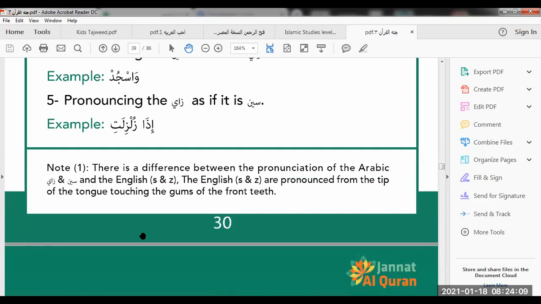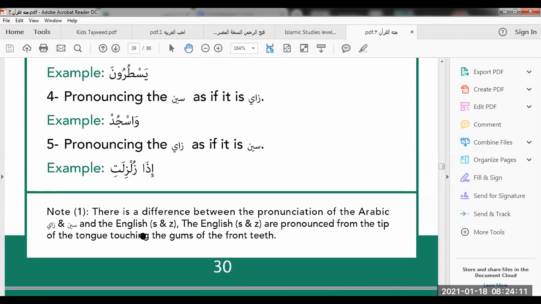Note this: there is a difference between the pronunciation of the Arabic seen and zay and the English S and Z. The English S and Z are pronounced from the tip of the tongue touching the gums of the front teeth. We have differences between Arabic alphabet letters and English alphabet letters.